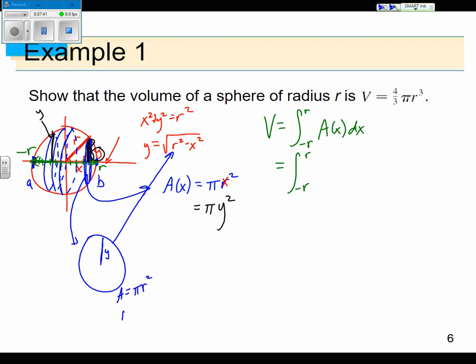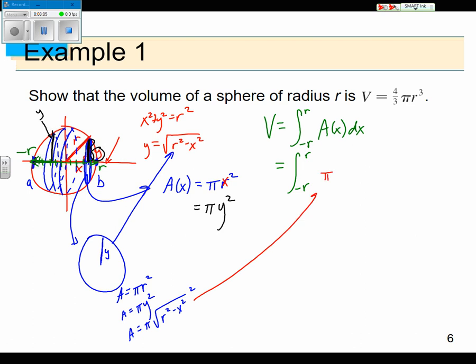Well, that's just going to be pi times y squared. Well, that's just going to be pi times the square root of r squared minus x squared, squared. And so whatever this comes out to be, I want to plug that in for my A of x.